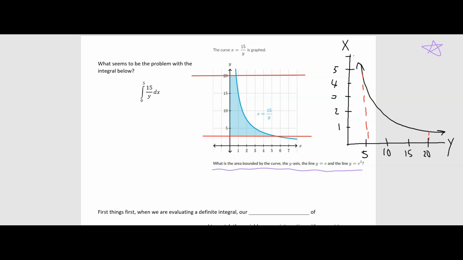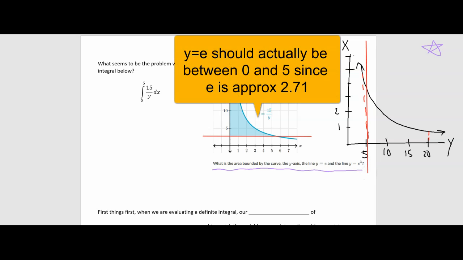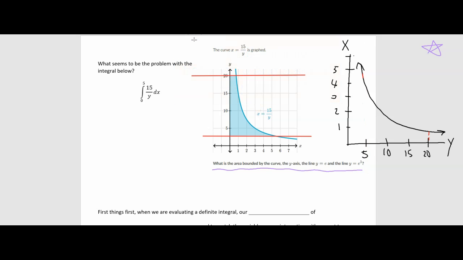Over on our other graph, the line y equals e is just after 5. I'll just redo that real quick. And e cubed is just after 20.